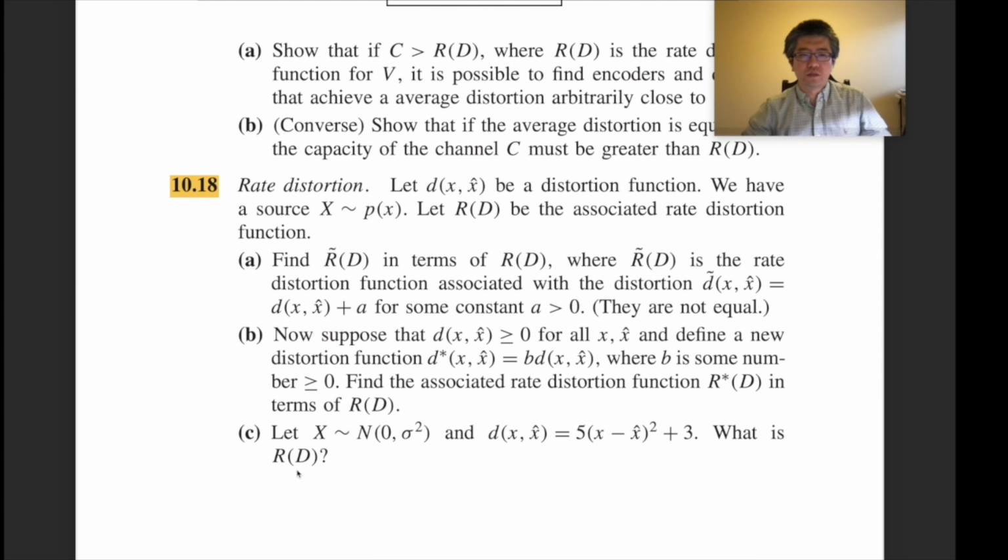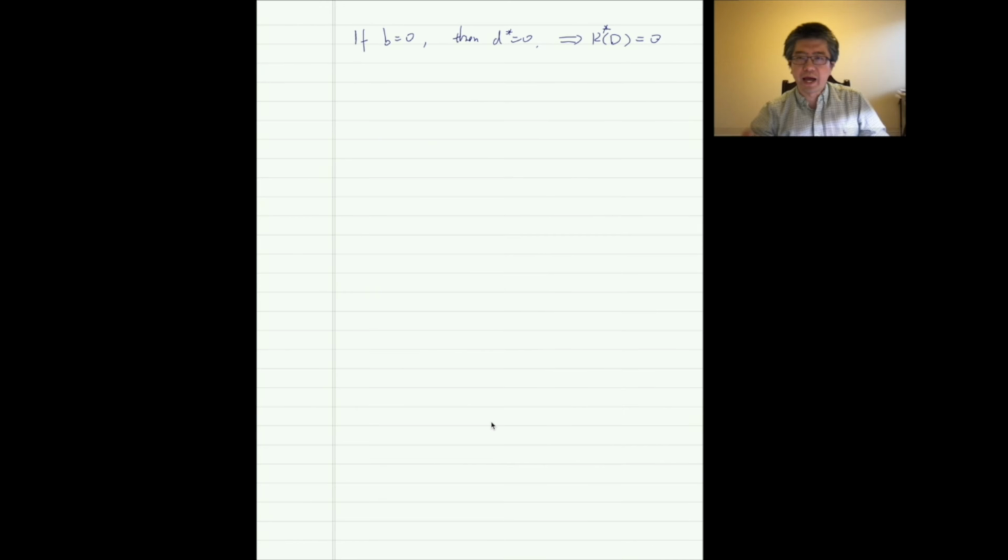Okay, so C, we assume that X is a Gaussian distribution, and this is a distortion, and then what is R(D)? Okay, so now we need to compute the original typical rate distortion function for a Gaussian random variable with the squared error distortion. Okay, so let's assume that is the R prime.